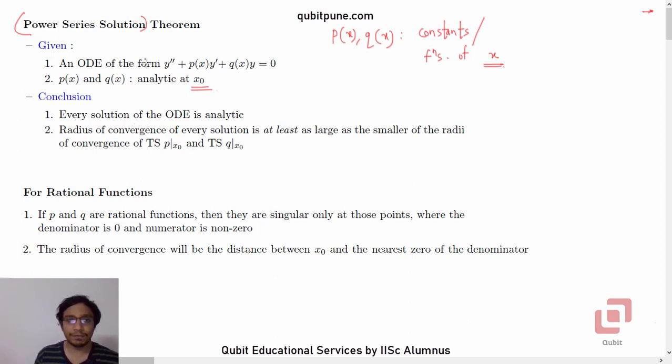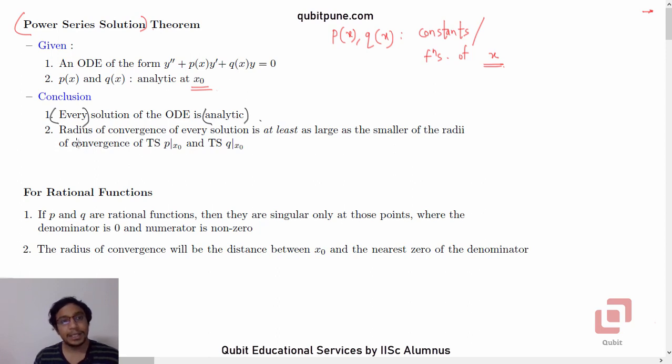If we have an ODE of this form and p of x and q of x to be analytic at x0, then the conclusion is that every solution that we get, or we may get, of the ODE is analytic, meaning the solution as well as its derivatives all will exist.